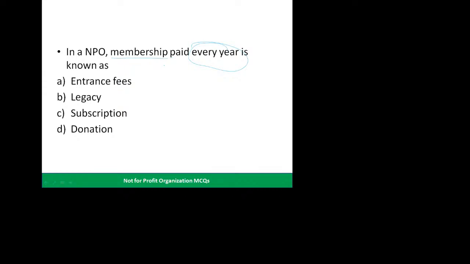Whatever amount is paid every year towards membership in any kind of organization is called a subscription. So the answer is option C.